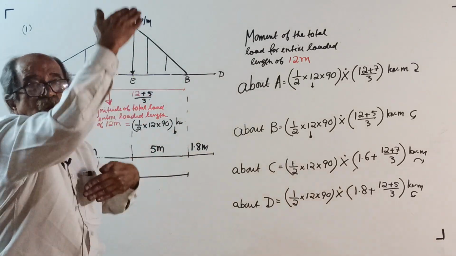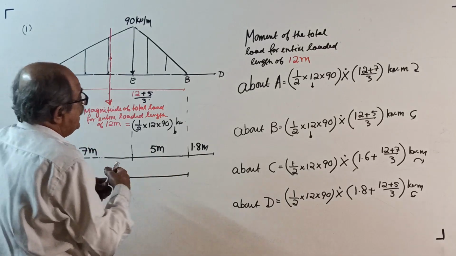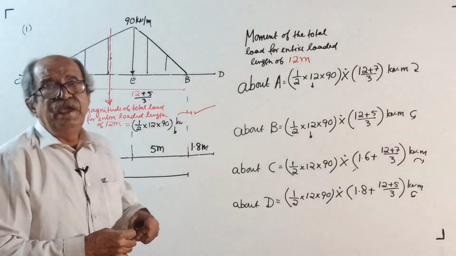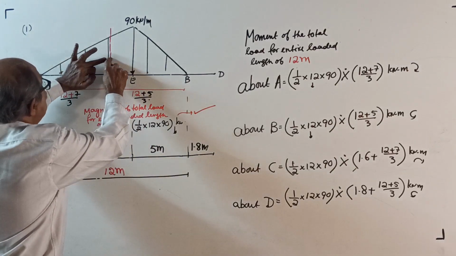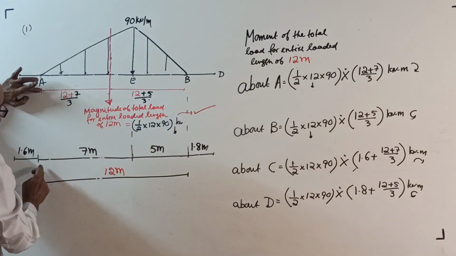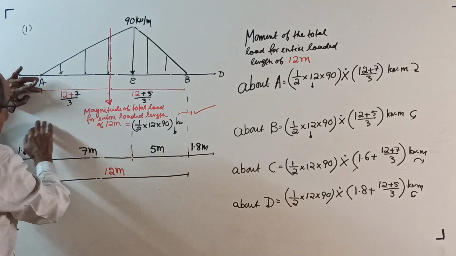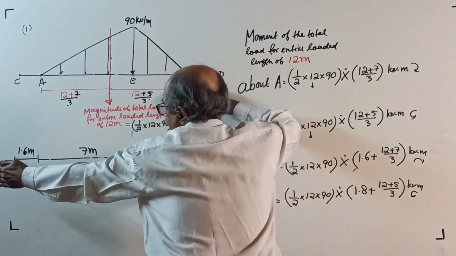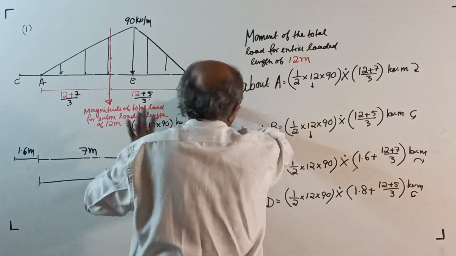And the line of action of the total load will pass through the centroid of the entire loaded diagram, that is at 12 plus 7 divided by 3 from this end, or 12 plus 5 divided by 3 from this end.